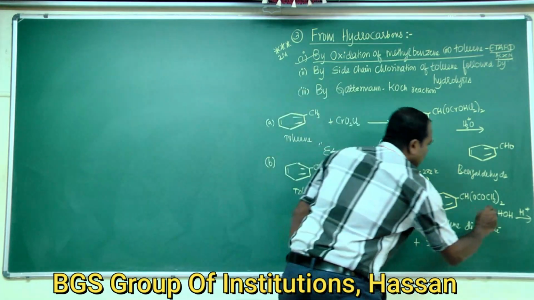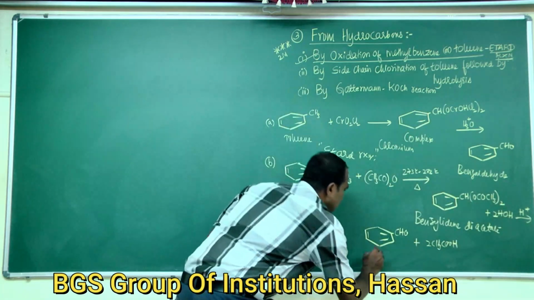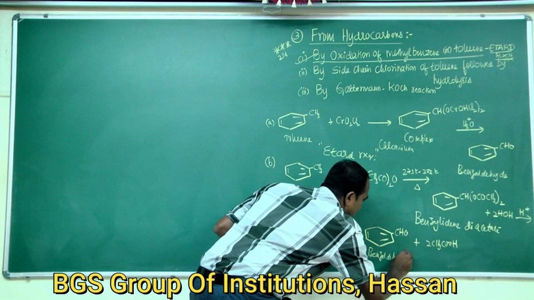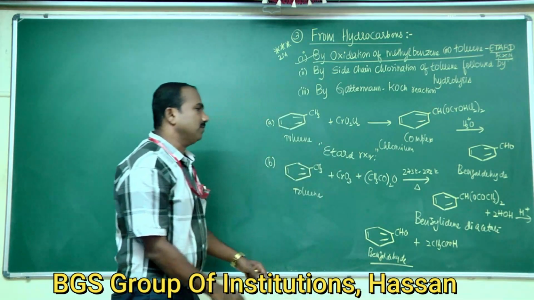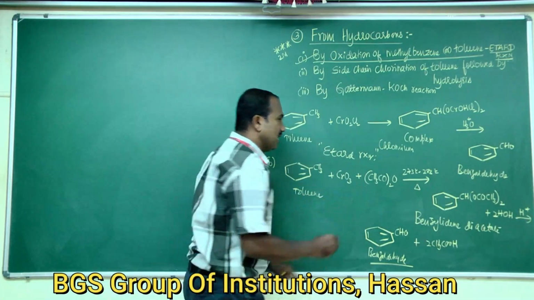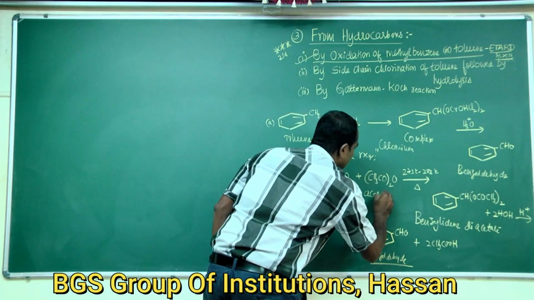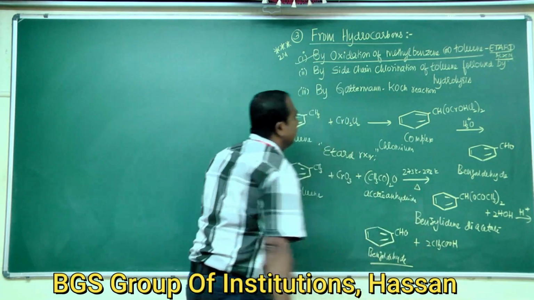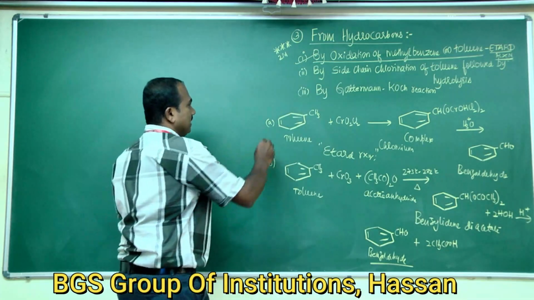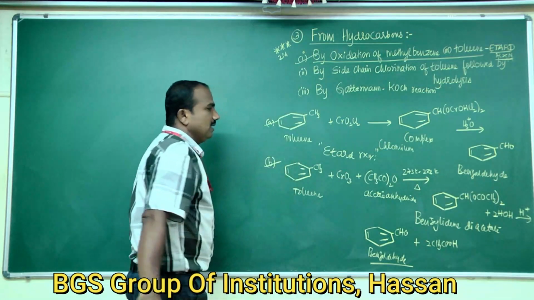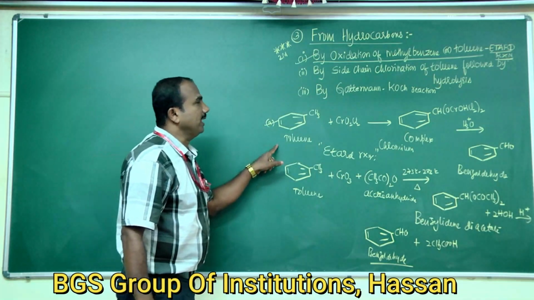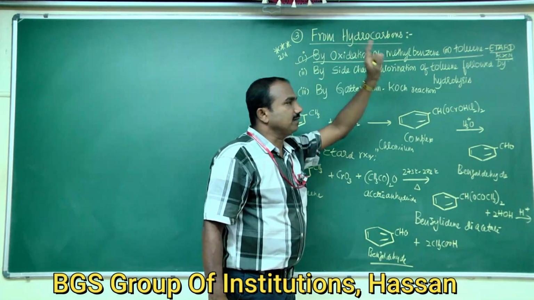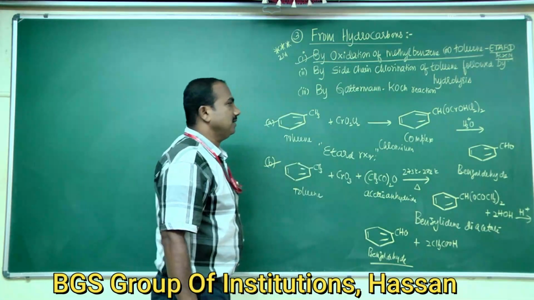Okay, benzaldehyde is formed. This is how benzaldehyde is prepared from toluene using acetic anhydride. These are the two methods of preparation of benzaldehyde from toluene, that is by oxidation of methyl benzene.